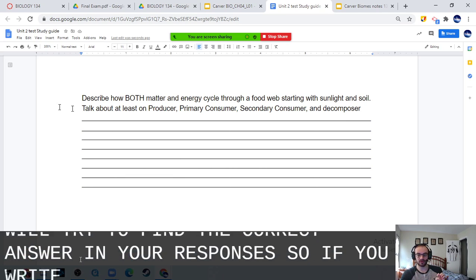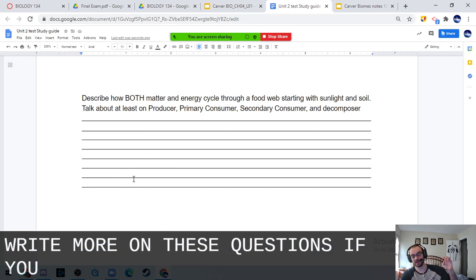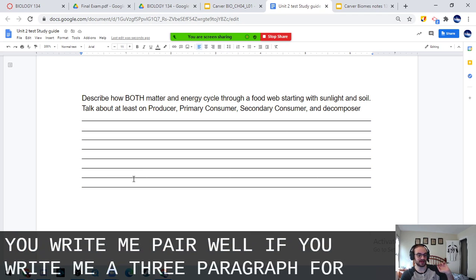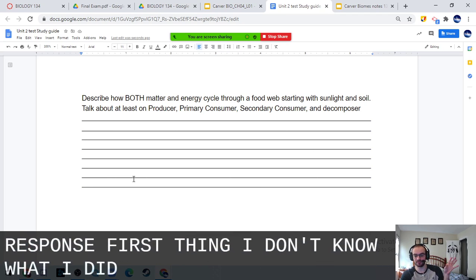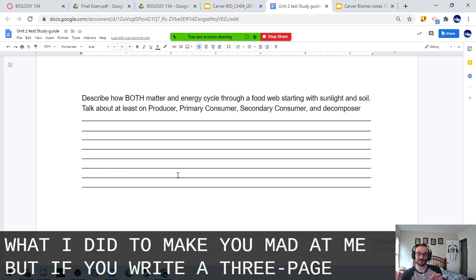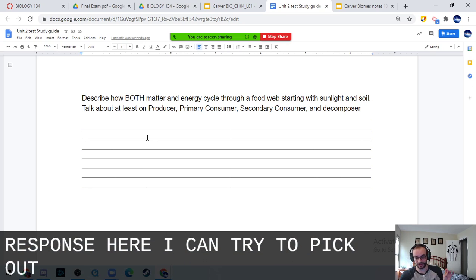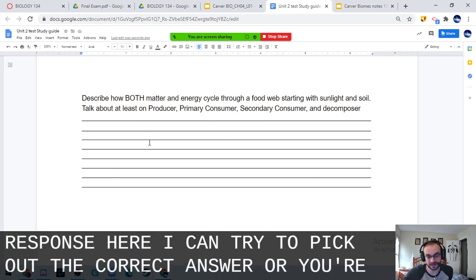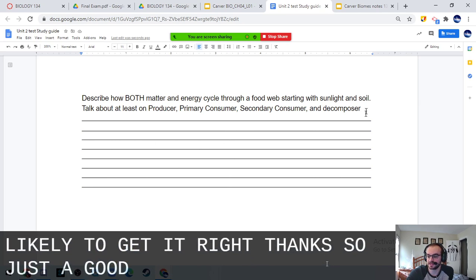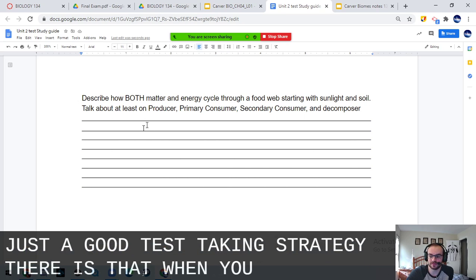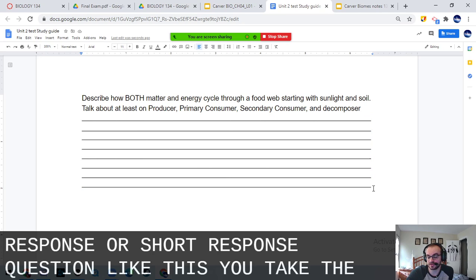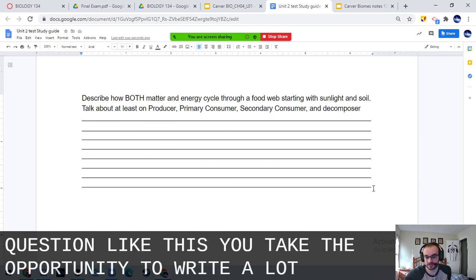So if you write a 3-paragraph response, first thing, I don't know what I did to make you mad at me, but I can try to pick out the correct answers, or you're more likely to get it right. So just a good test taking strategy is that when you have a short response question like this, you take the opportunity to write a lot.